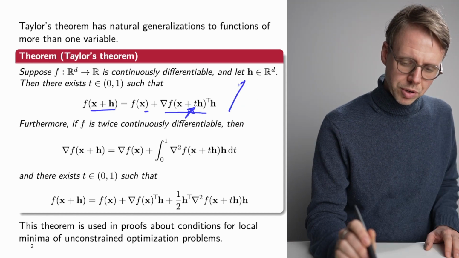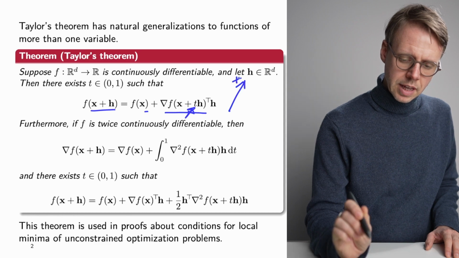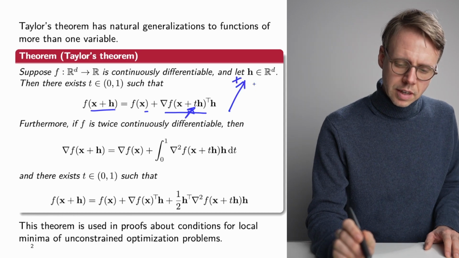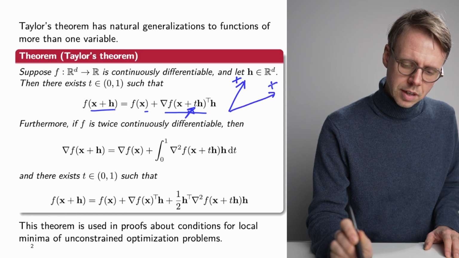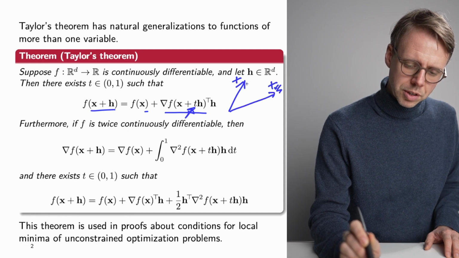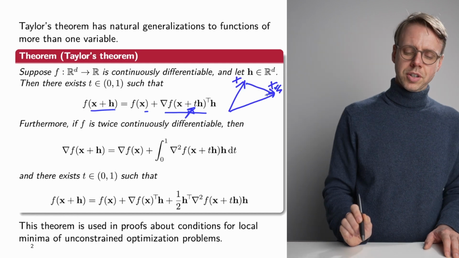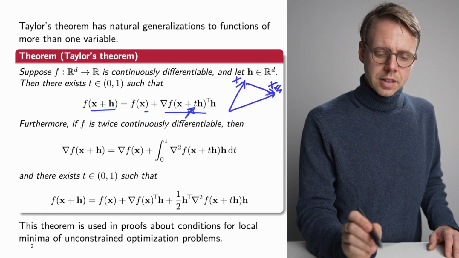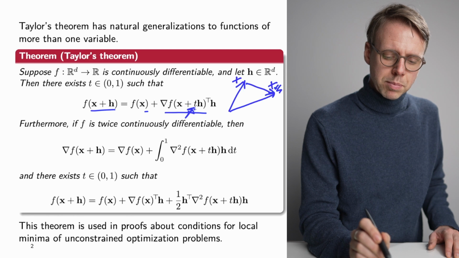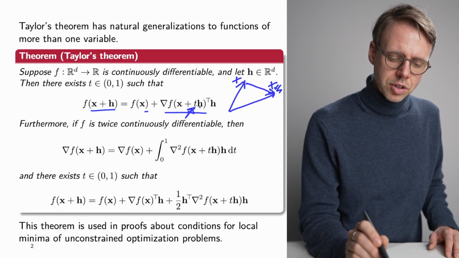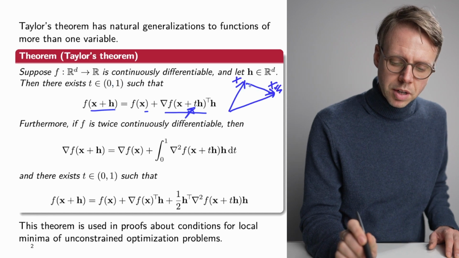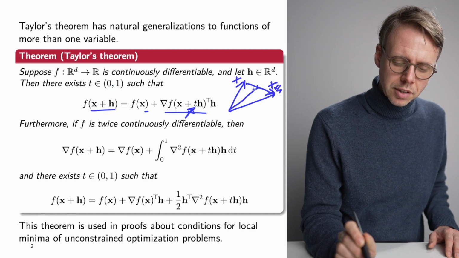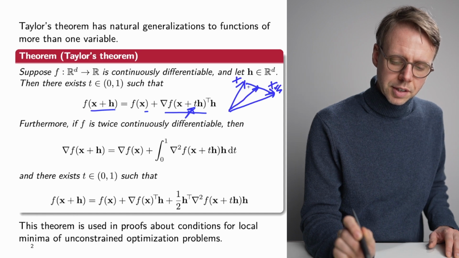So if we have our point x here, and we have our point x plus h, where this would then be the vector h, then x plus t times h, so we're multiplying h by a scalar that is between 0 and 1, will lead to some vector here on this line.